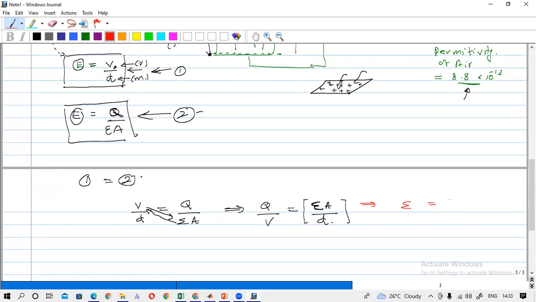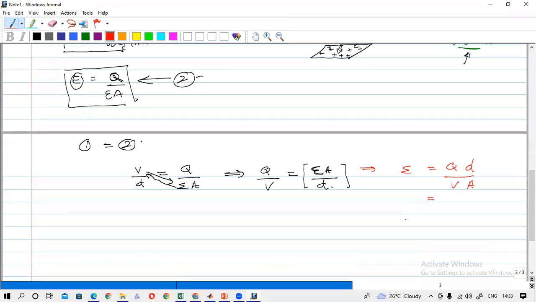Epsilon is equal to Q D over V A. So using this expression, you can get the unit for permittivity. Q is measured in coulomb and D is measured in meter. V, voltage, is measured in volt, and A is measured in square meter.